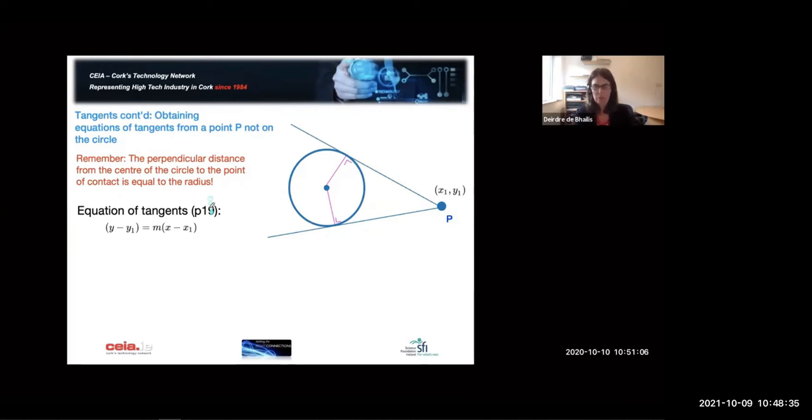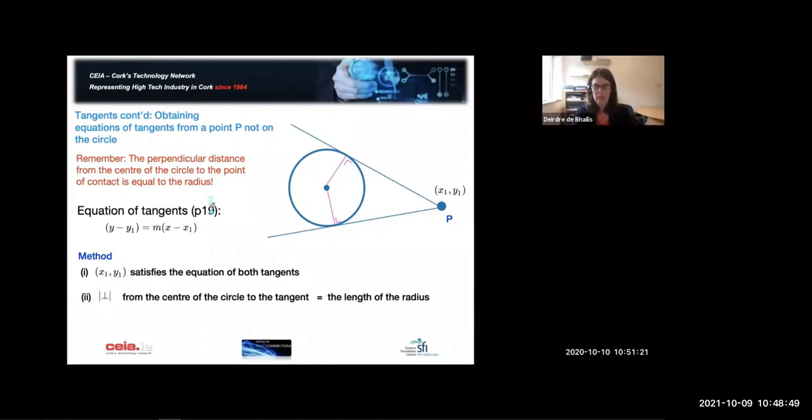So how do we approach this? What's our method? We know that the point x1, y1 will satisfy the equation of both tangents. We know that the perpendicular distance from the center of the circle to the tangent is going to be equal to the length of the radius.